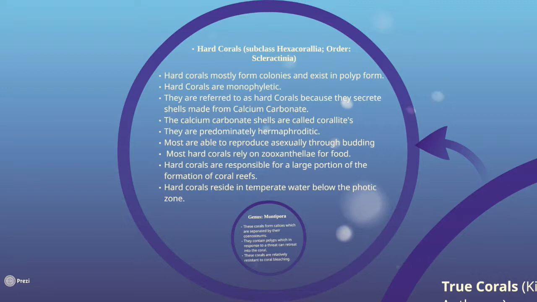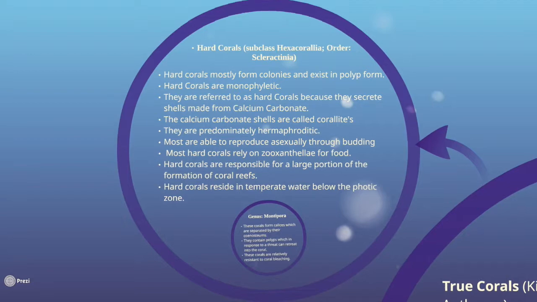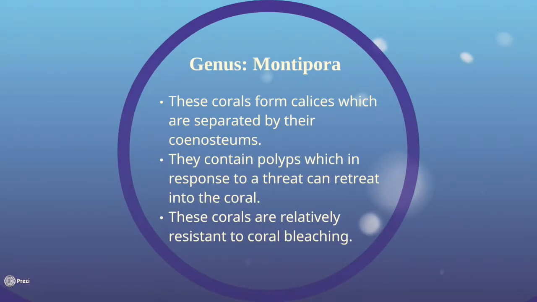Hard corals are responsible for a large portion of the formation of coral reefs, which occurs due to asexual reproduction in them. Hard corals also reside in temperate water below the aphotic zone. Now we will focus on a more specific genus called Montipora. These corals form calyces which are separated by their coenostomes.